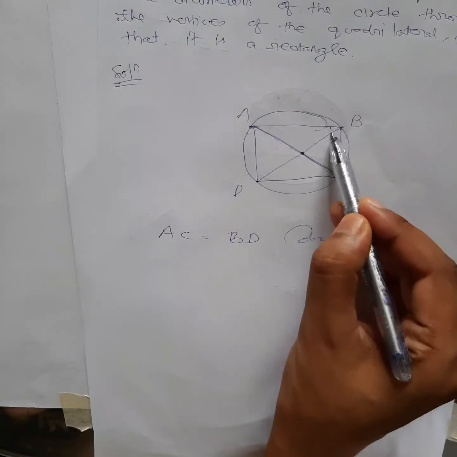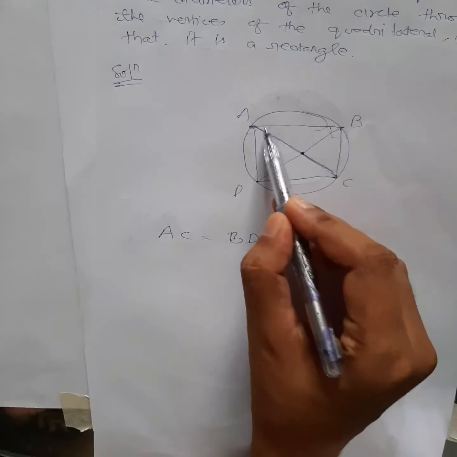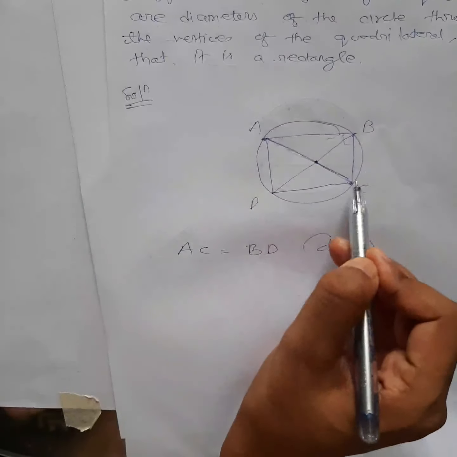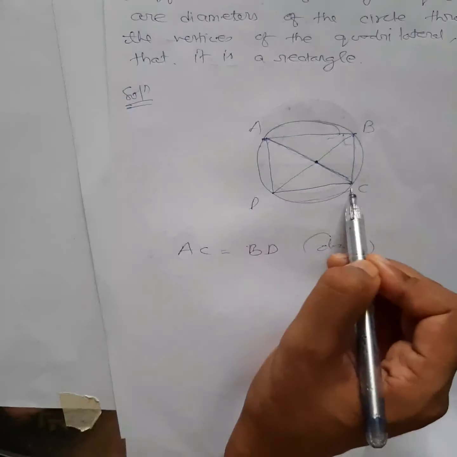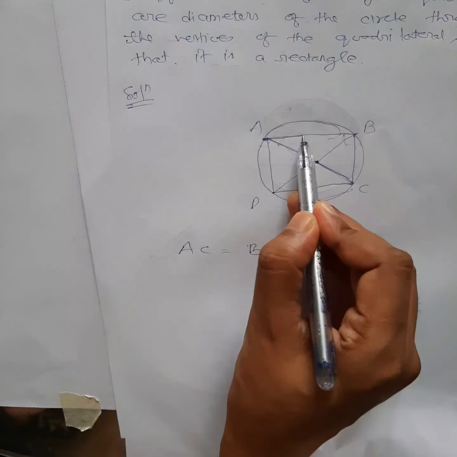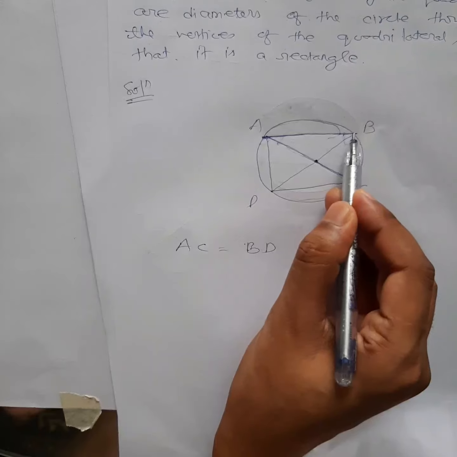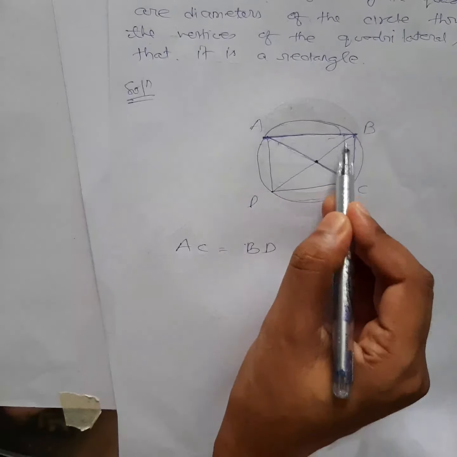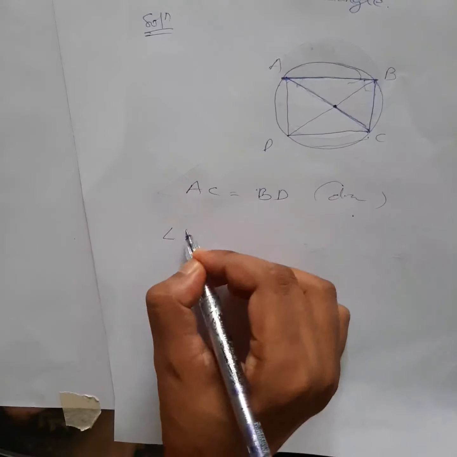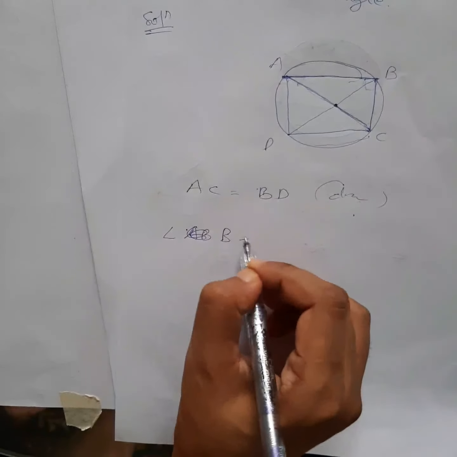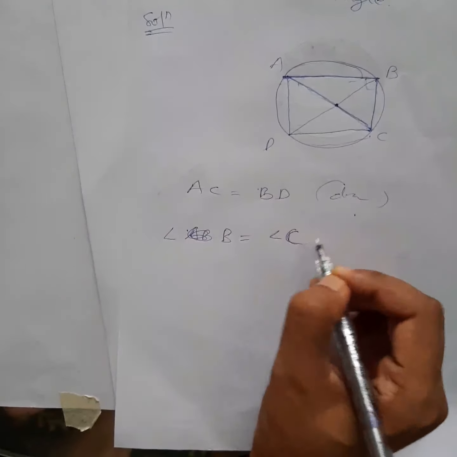So what I can do to prove this is 90 degrees, you can see this is a diameter. So this is half of the circle, this is half of the circle, and we used to call this one a semicircle also, right? We know that the angle in a semicircle is always 90 degrees. Now angle, directly I will write ABC, or angle B directly. Angle B is equal to angle C also, right?